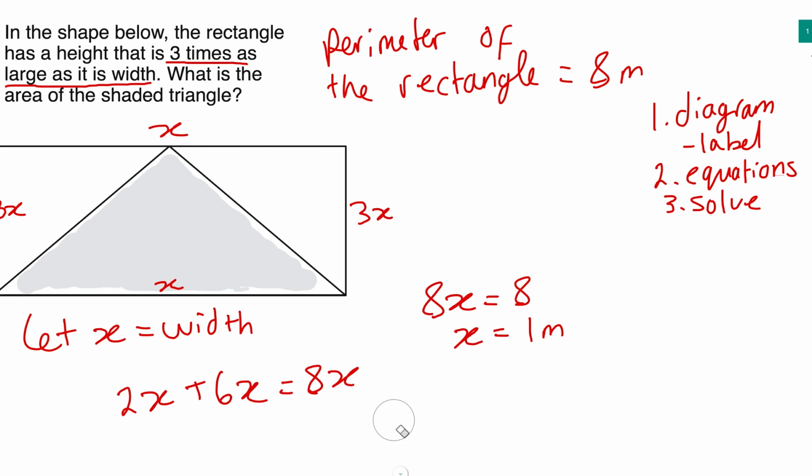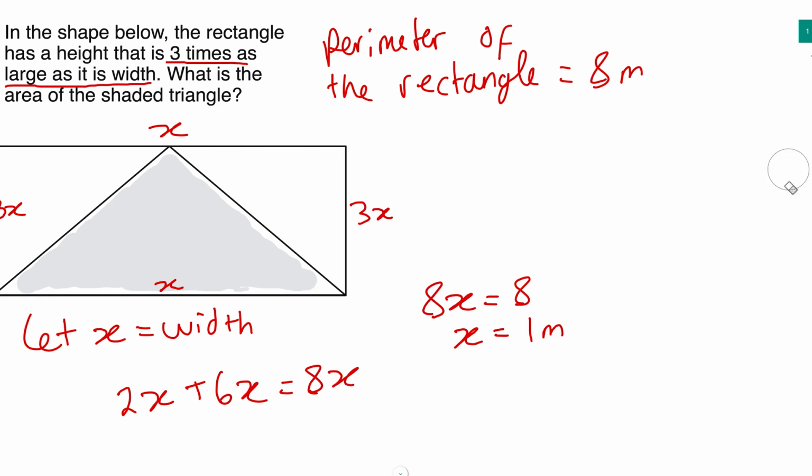Okay, so I'm just going to rub this out over here so we've got a bit more space to work with. Okay, so now it's asking you to find what is the area of the shaded rectangle. Now the first thing we need to know is the formula for the area of a triangle, which is half base times height.